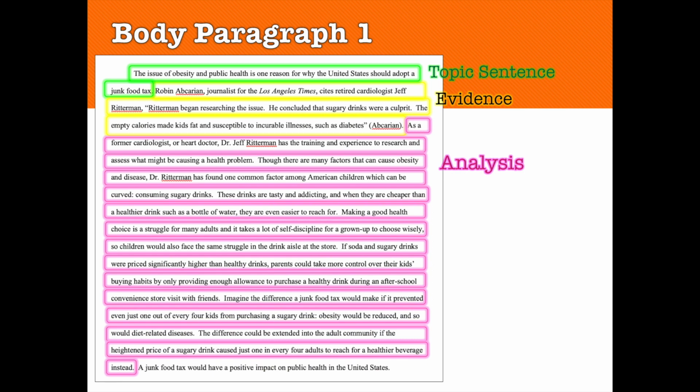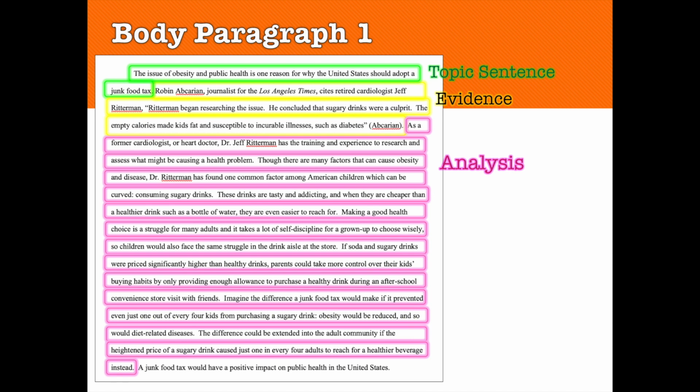Analysis. As a former cardiologist or heart doctor, Dr. Jeff Ritterman has the training and experience to research and assess what might be causing a health problem. Though there are many factors that can cause obesity and disease, Dr. Ritterman has found one common factor among American children which can be curbed: consuming sugary drinks. These drinks are tasty and addicting, and when they are cheaper than a healthier drink, such as a bottle of water, they are even easier to reach for.